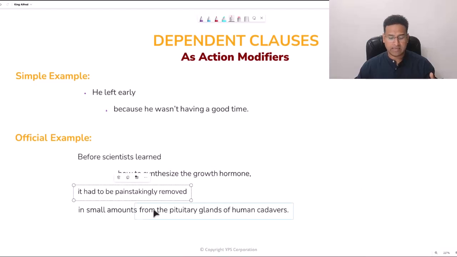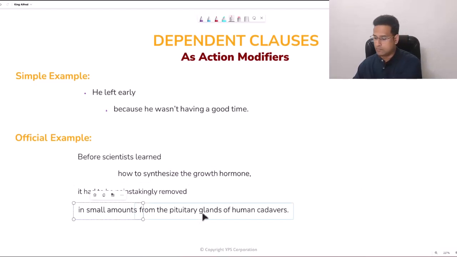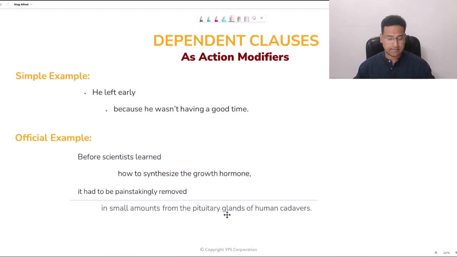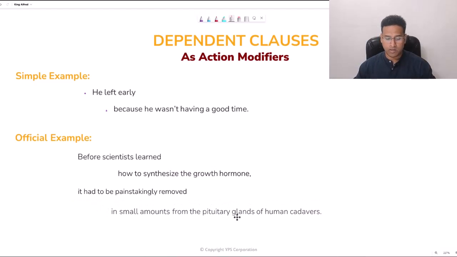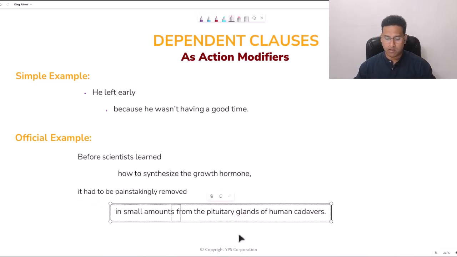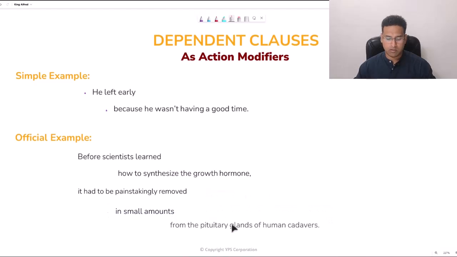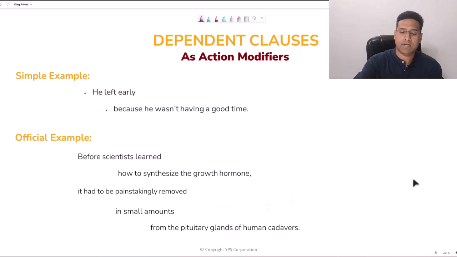It had to be painstakingly removed from pituitary glands of human cadavers. Okay, so there we have our simple indented structure. Let me show you the bullet points here.